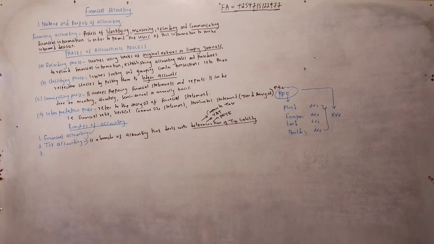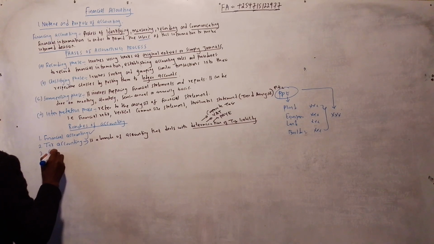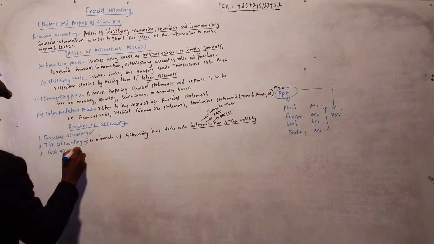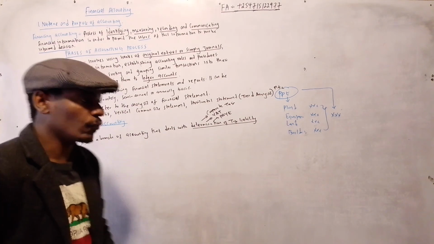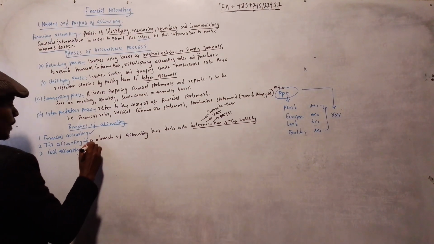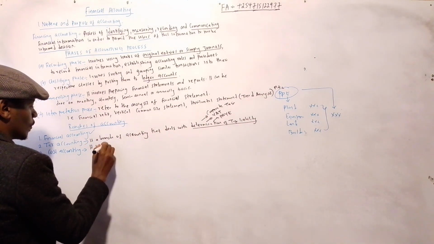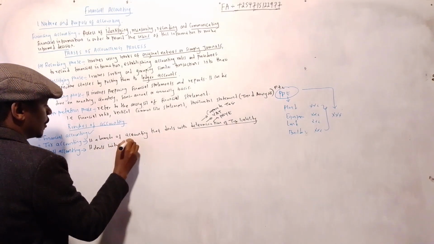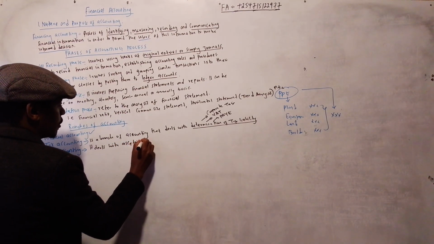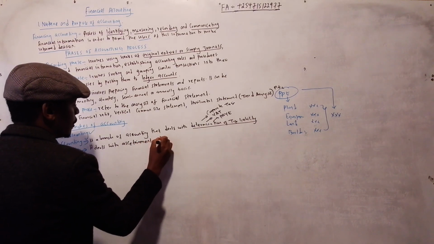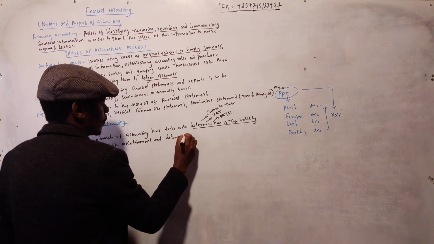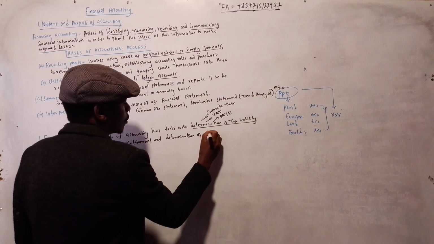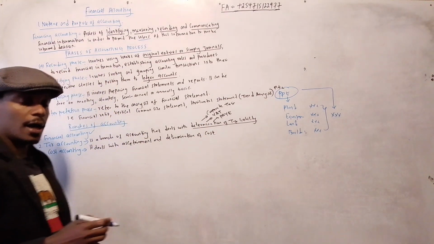We talk about tax accounting as a branch of accounting. Then we have cost accounting. Now, cost accounting focuses on ascertainment of cost alone. So it deals with ascertainment and determination of cost. That is their main function.